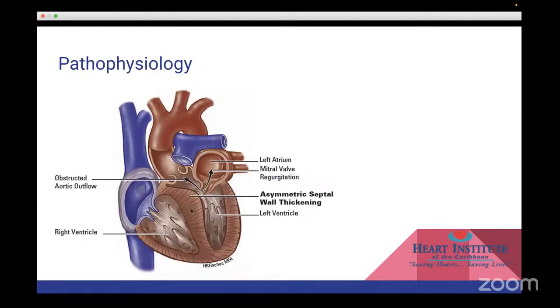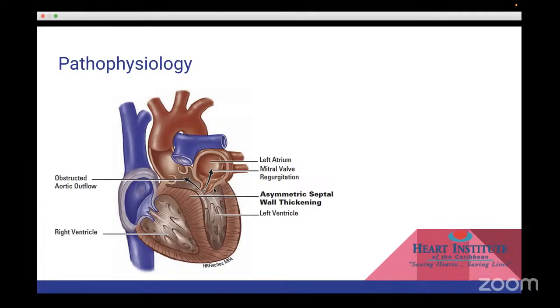obstruction. So here we see the interventricular septum is thickened, which is one of the hallmarks of this disease. And that causes a narrowing at this area. And that is a part of what causes the left ventricular outflow tract obstruction. But what also happens is that there is systolic anterior motion, something that we call SAM, of the anterior leaflets of the mitral valve.